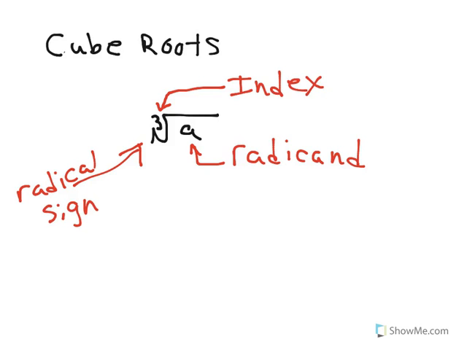The index tells us what root we are taking. In a square root, we leave that index blank. That really is a 2. It's the same number as the exponent of a square. Here, the same number as the exponent of a cube.